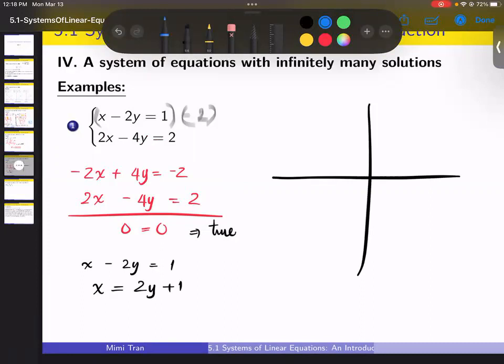Let's pretend that's your two lines. They lay on top of one another, the red and blue. Do I just randomly pick any point and it's automatically a solution? No, you're going to pick a point that's on the lines, right? If you pick something out here, it's not a solution. So there are infinitely many solutions, but there's order. You're going to pick the one on both lines. It can't just be anyone.